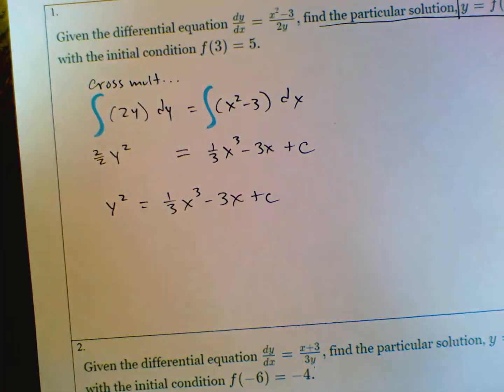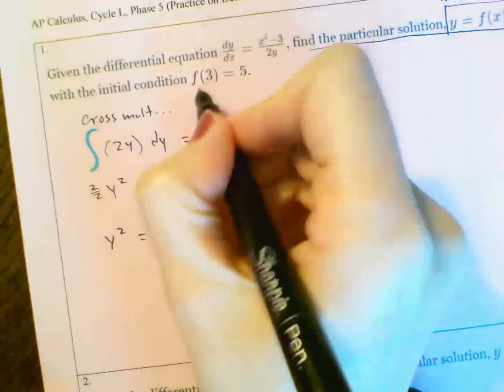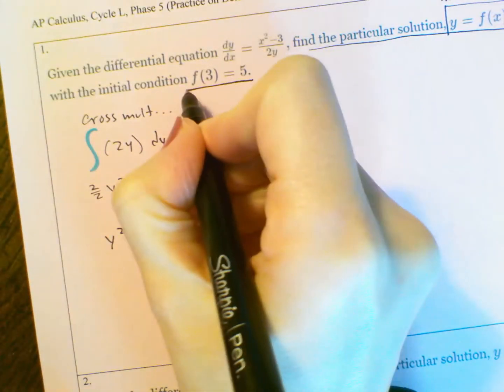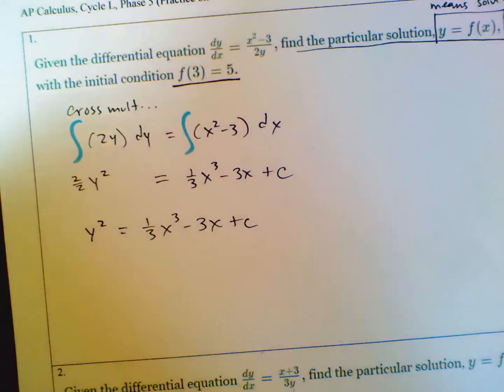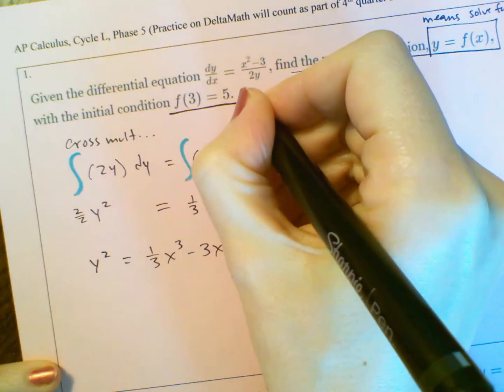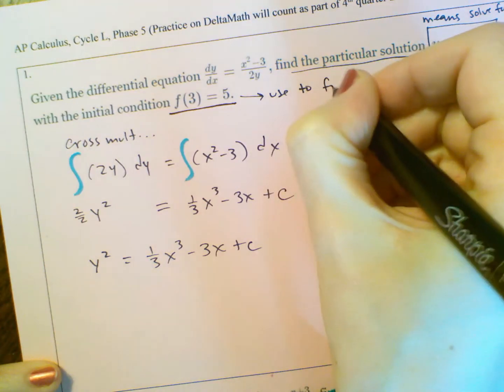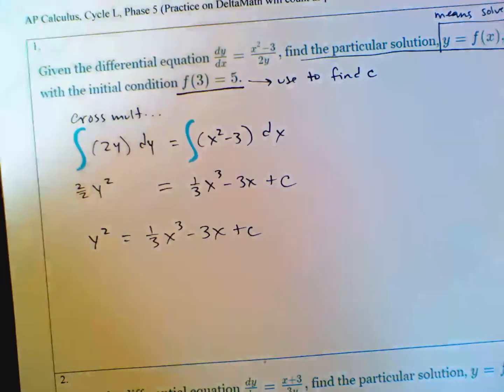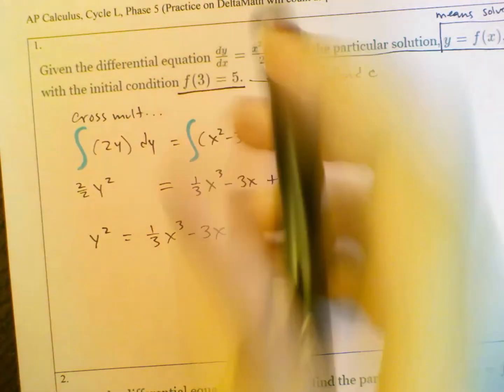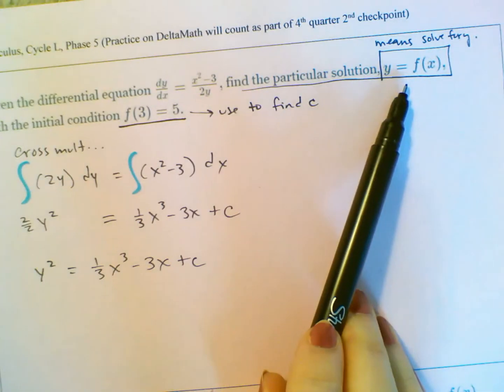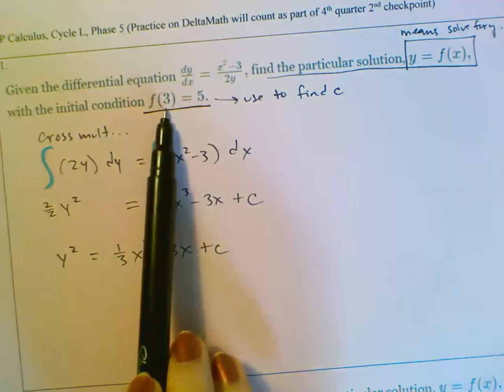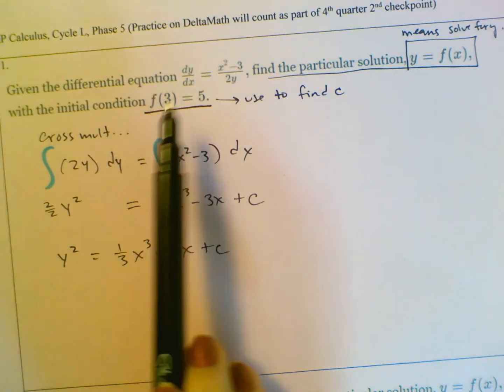Now, guys, if they're giving you an initial condition, that means that they want you to use it to find c. For our solution to be correct, it needs to be the case that f of 3 equals 5.